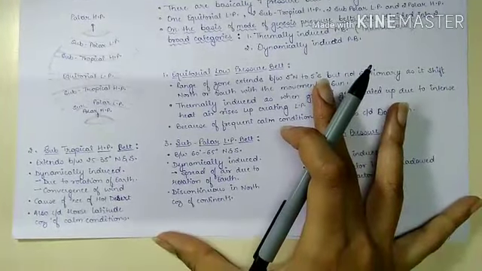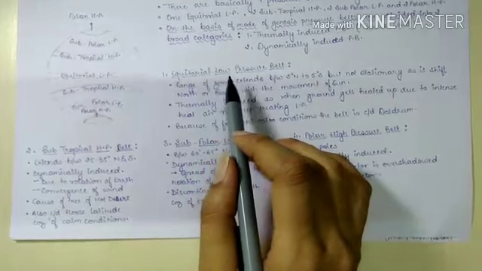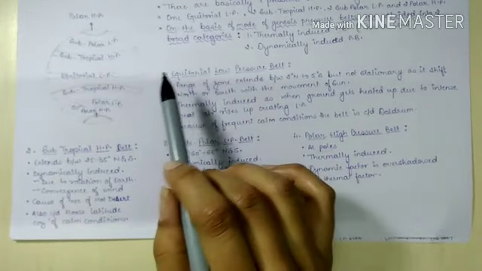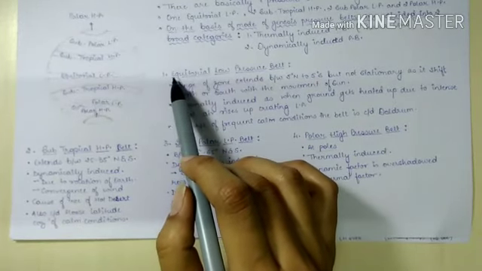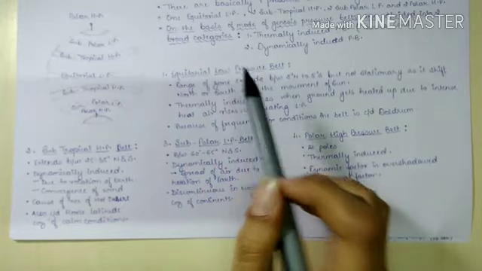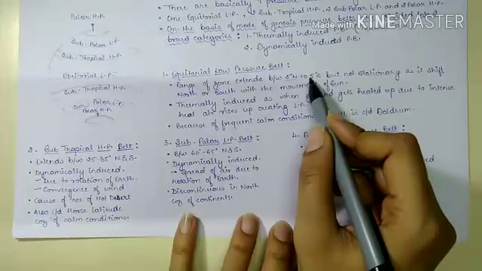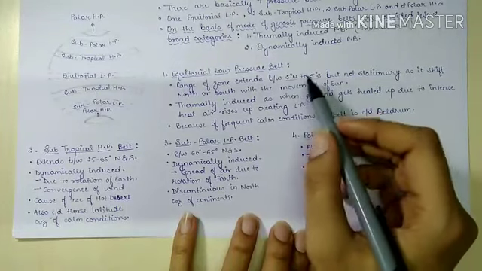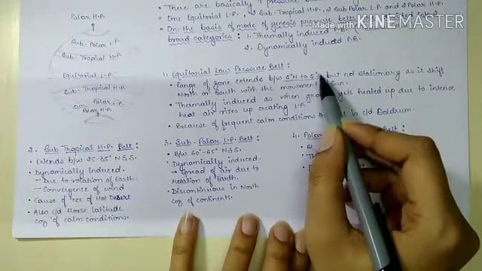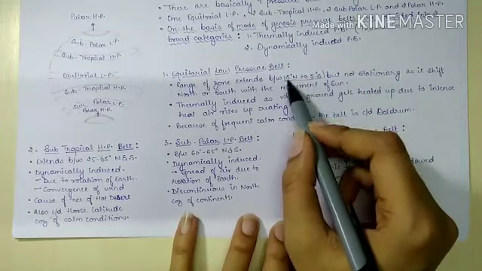Okay. So now we will study equatorial low pressure belt. We will study all the pressure belts. The first pressure belt is equatorial low pressure belt. It ranges from 5 degree north to 5 degree south. But this range is its ideal position.